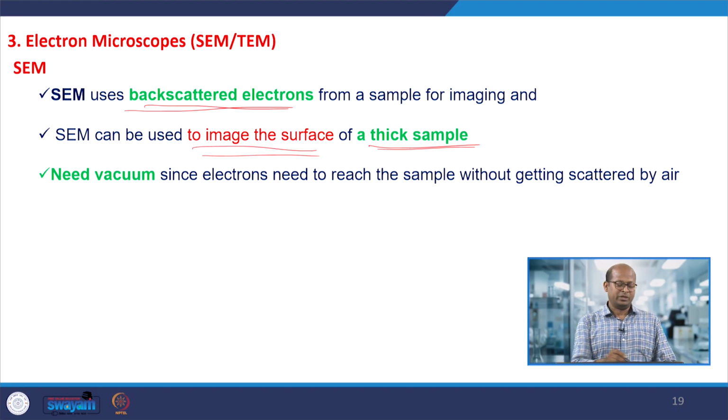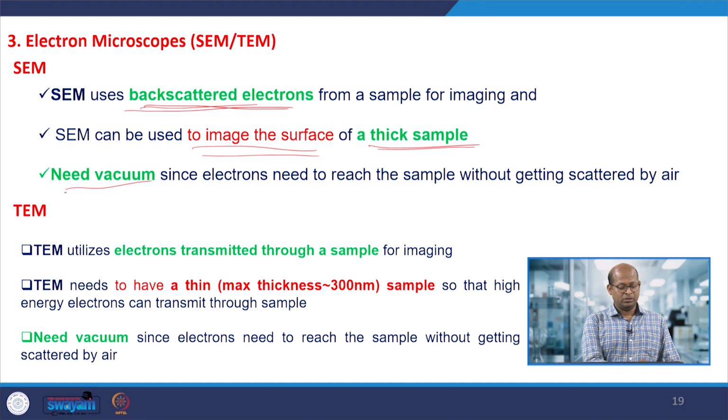Since we are using backscattered electrons to get that image, it is not our problem. For that we also have to use a vacuum chamber where the material is placed, and the electron beam passes through the lenses and falls on the material. The chamber should be vacuum, otherwise, due to the presence of air, some scattering or other contamination will come, so we would not get a good image.